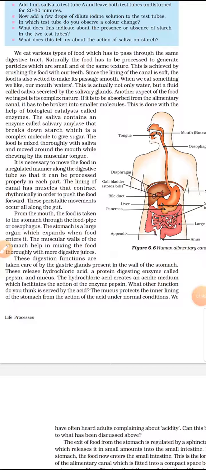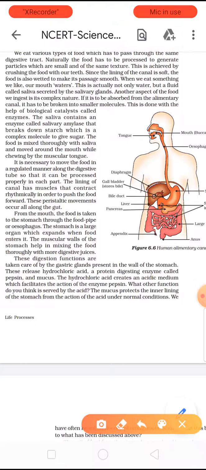We eat various types of food which has to pass through the same digestive tract. Naturally, the food has to be processed to generate particles which are small and of the same texture. Okay, whatever food we are eating, it is going through the same pathway, the same track.